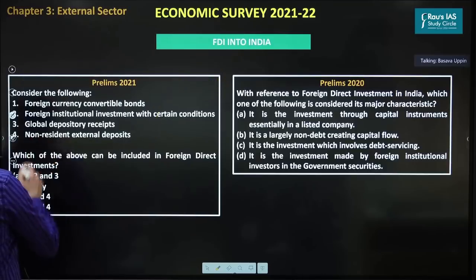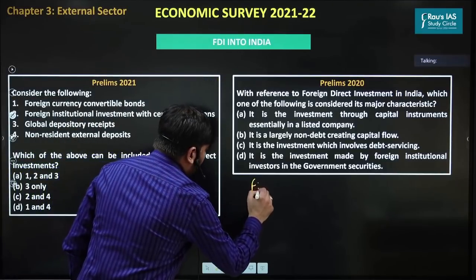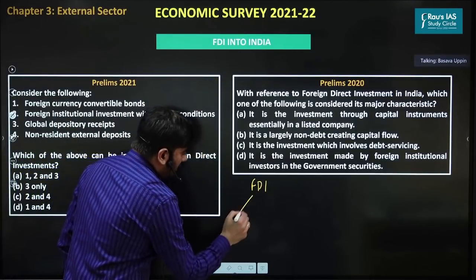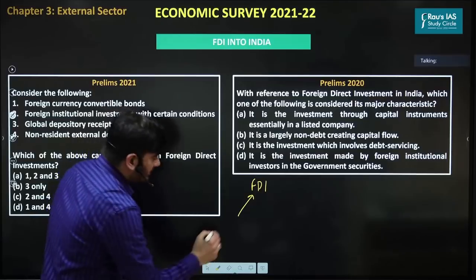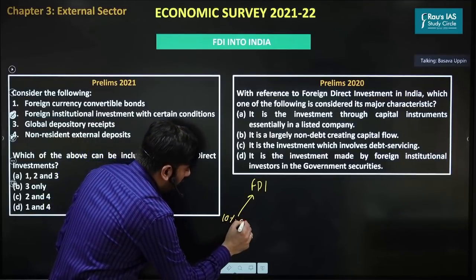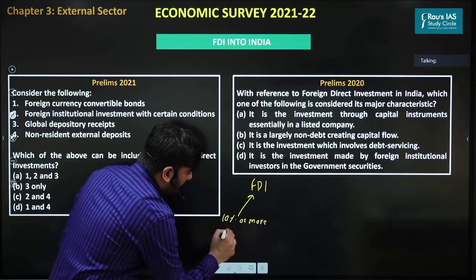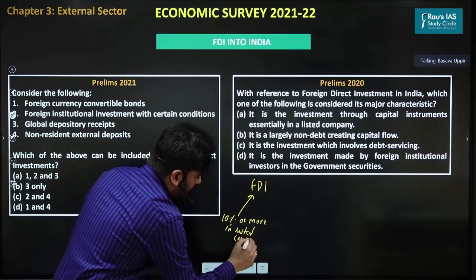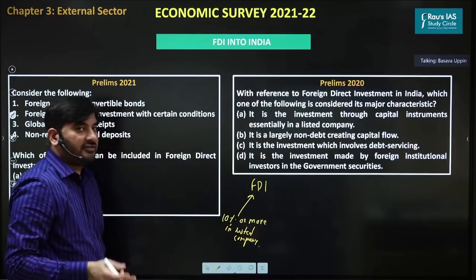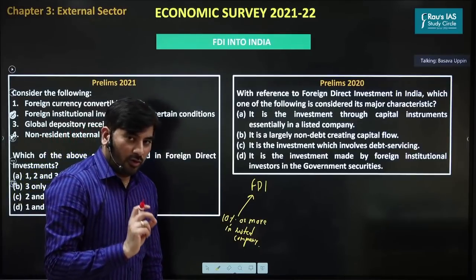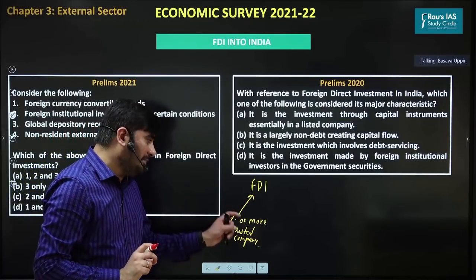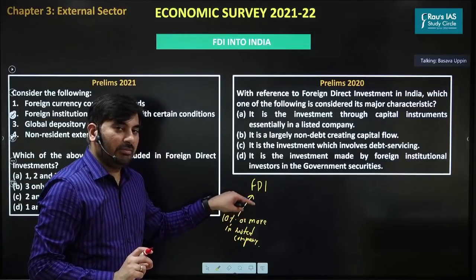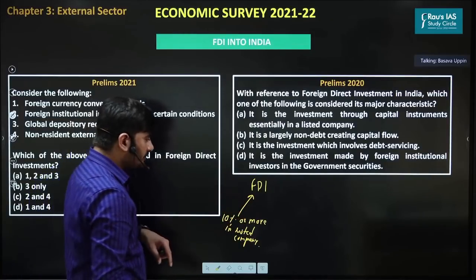So what exactly is FDI then? See, FDI is when a foreign company makes an investment of 10% or more in a listed Indian company. When I say listed Indian company, it means this company is listed on the stock exchanges. So if it makes an investment of 10% or more, then it will be considered as FDI.